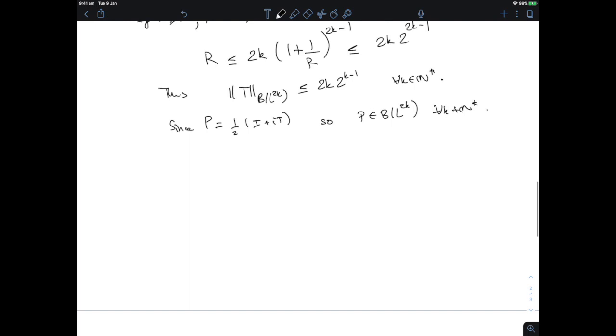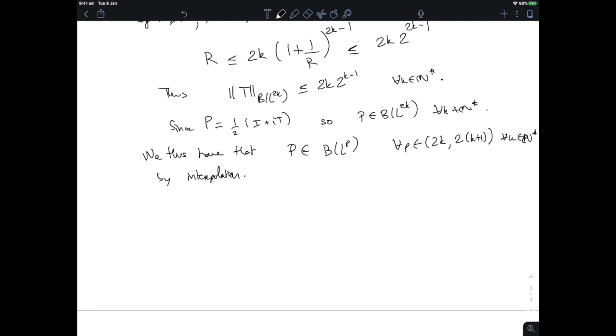What do we get now? We thus have that P is bounded on L^p for all p in the open interval 2k to 2k plus 2, for all k in N star, by interpolation, or by the Marcinkiewicz interpolation theorem.